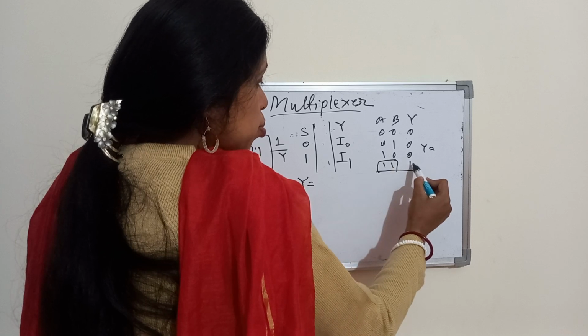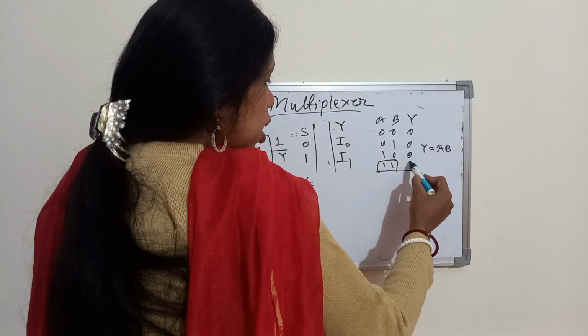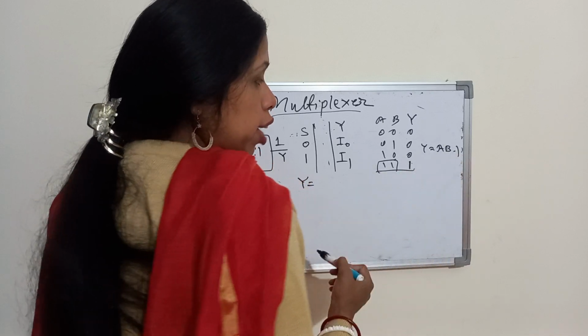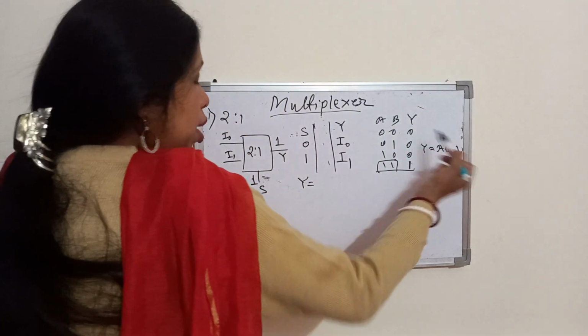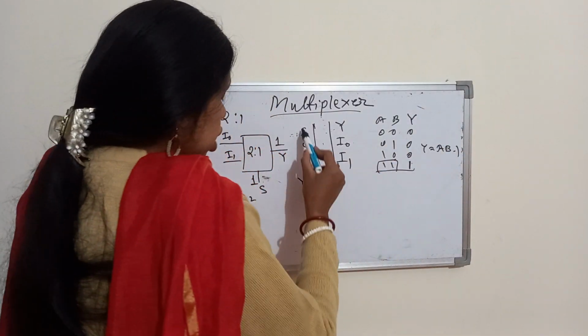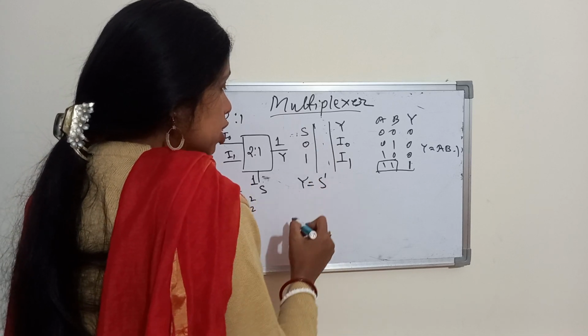What is this combination? My output is 1, so 1 means you can write A and B, here A, B into 1. In this way we are writing. Output is 1, this is multiplying. Now here S is 0, S0 means my S prime.